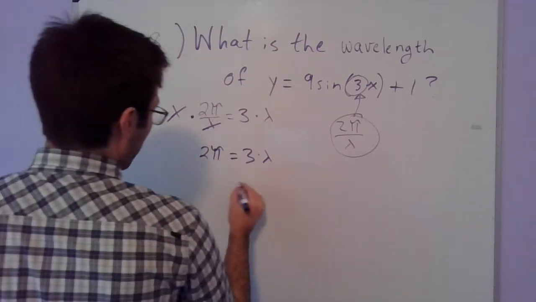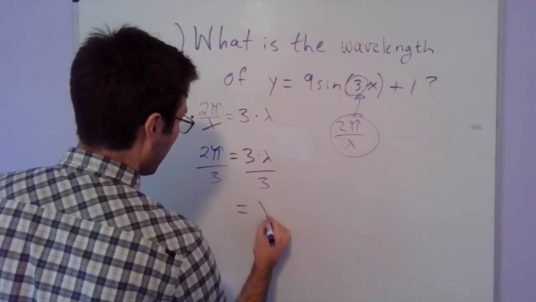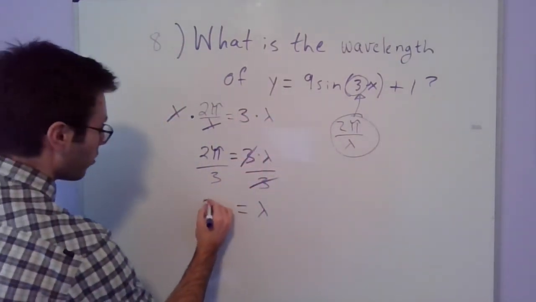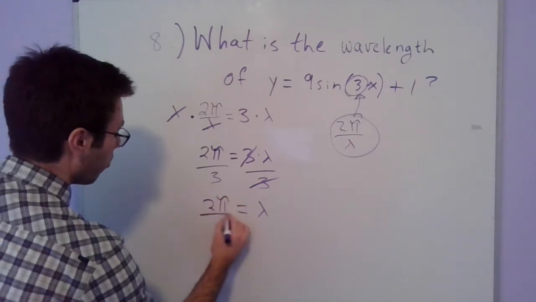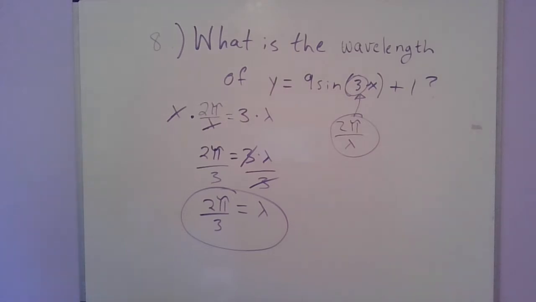At which point I divide both sides by 3, so I get lambda, because the 3's are gone, is equal to 2 pi over 3. That's how you do that one.